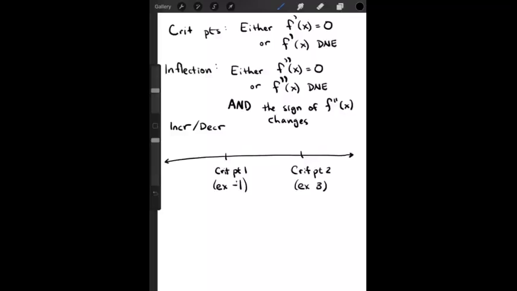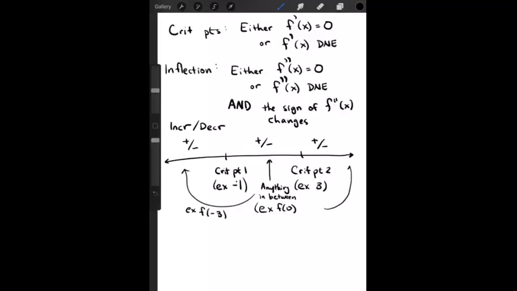So this is plugging points in between, and you're either going to get plus or minus. And those should all be primes for the increasing and decreasing.